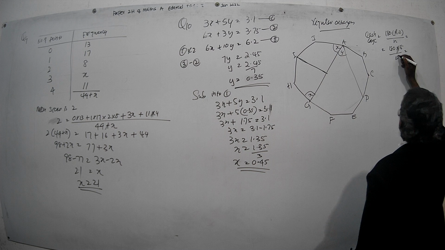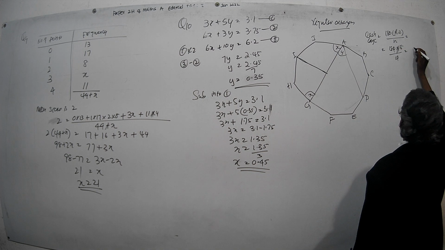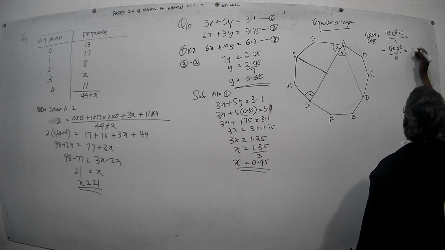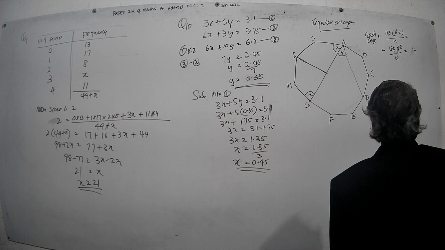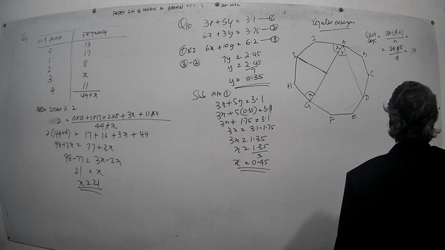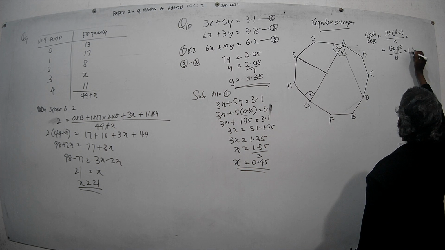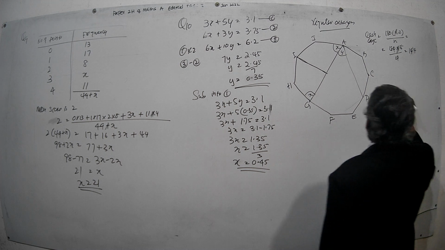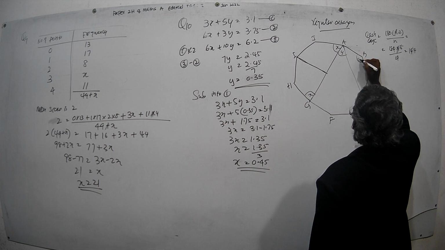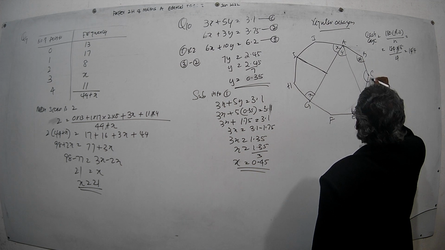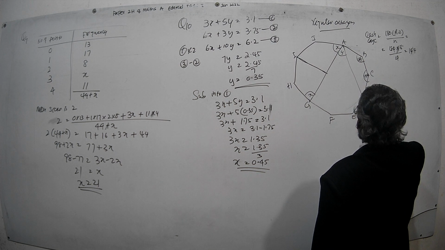Then 8 times 8 is 64, 6 is left, 8 times 1 is 8, 8 plus 6 is 14. So each angle is 144.